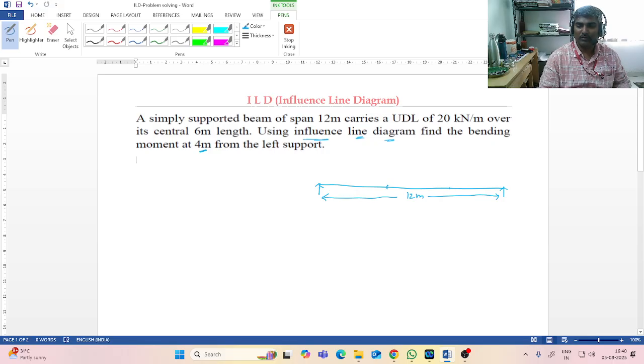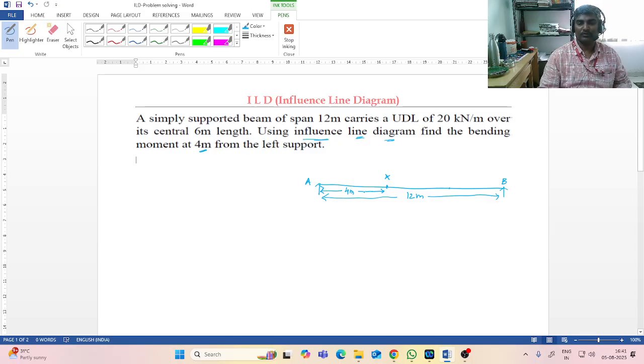So this locates the section X. Let this be AB. This is section X, where you require the 4 meters location. You require bending moment. So we need to find bending moment at 4 meters from left support.